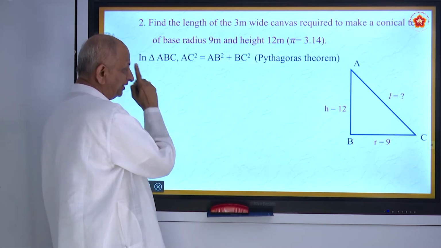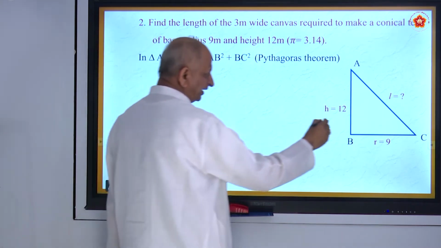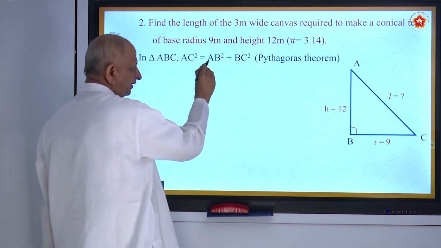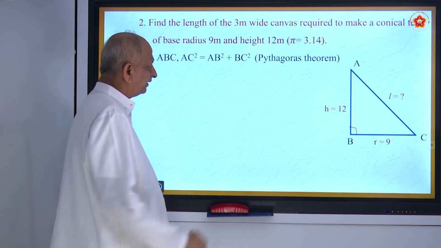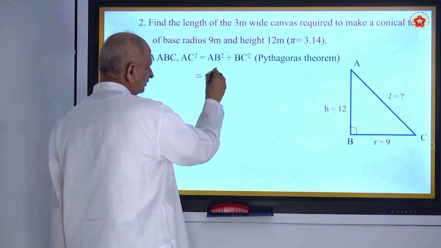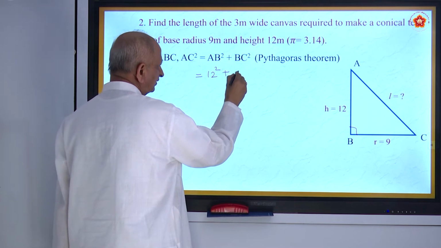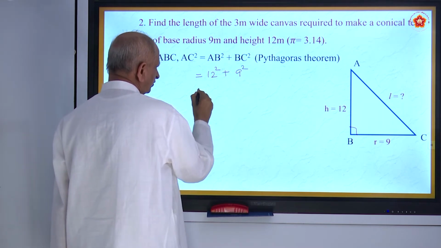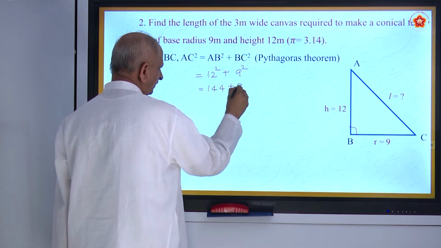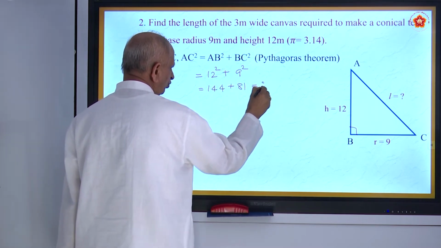So by using Pythagoras theorem, this is a right angle triangle, and AC square is equal to AB square plus BC square. Now AB is how much? 12 square. BC is how much? 9 square. So you have 144 plus 81, that is 225.